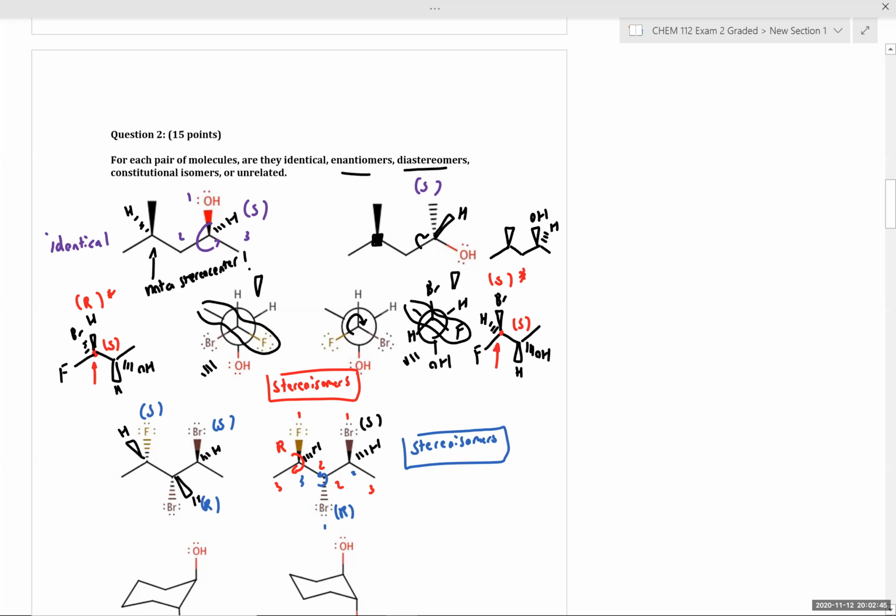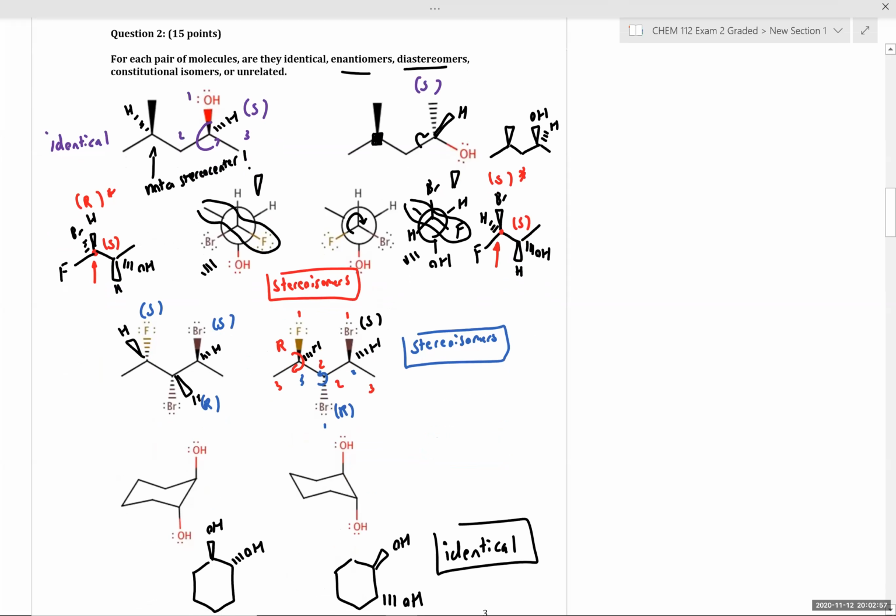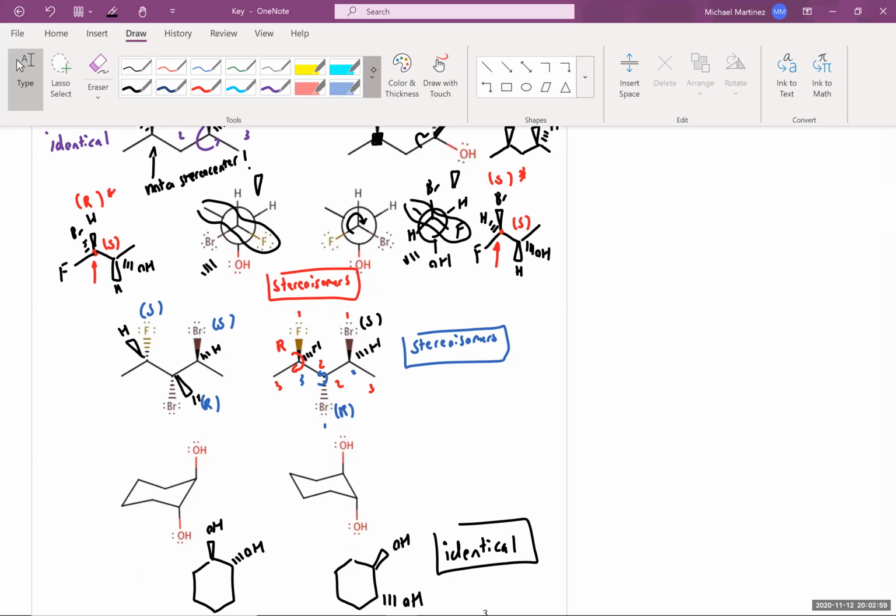Does that make sense to everyone? Perfect. So for the third case in blue, you don't even have to resort to assignment.